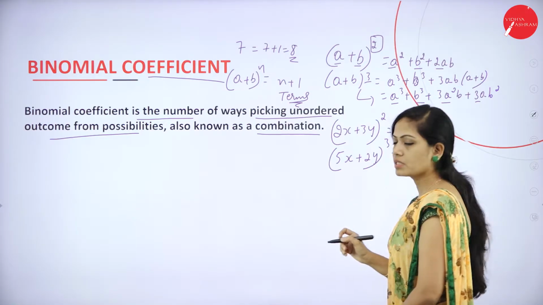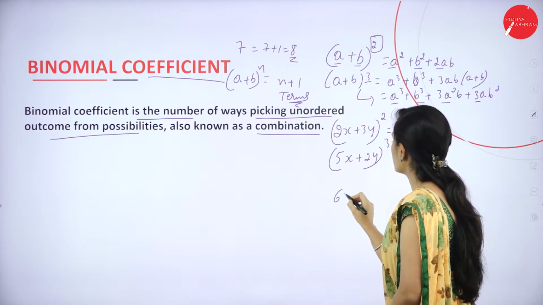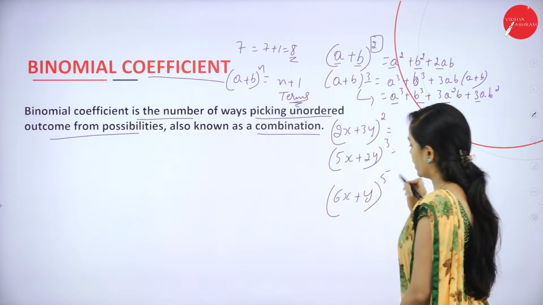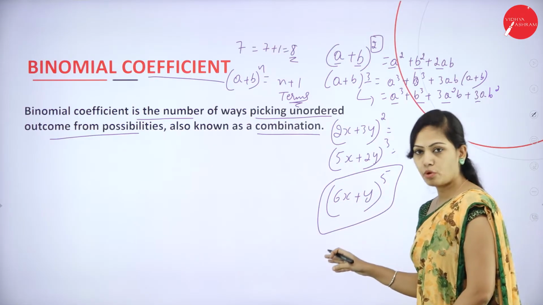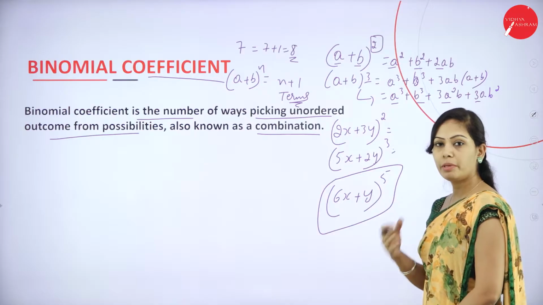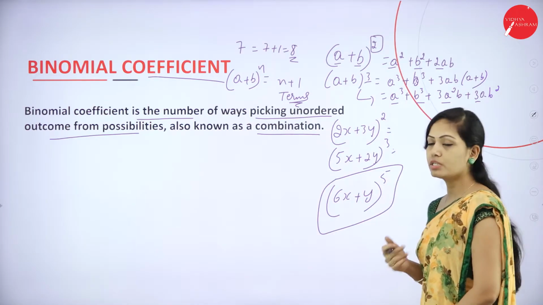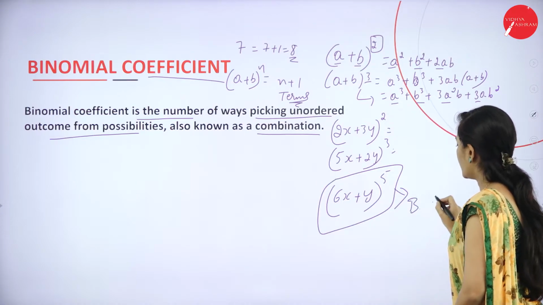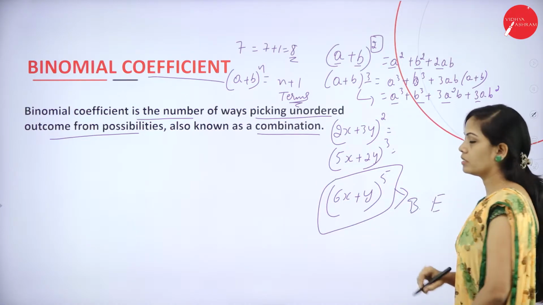And suppose you get 6x plus y whole power 5. If you apply the a plus b whole square formula or a plus b whole cube formula to this expression, it will be very difficult because the power value is 5, right? So for that, we use this binomial expansion. Clear?